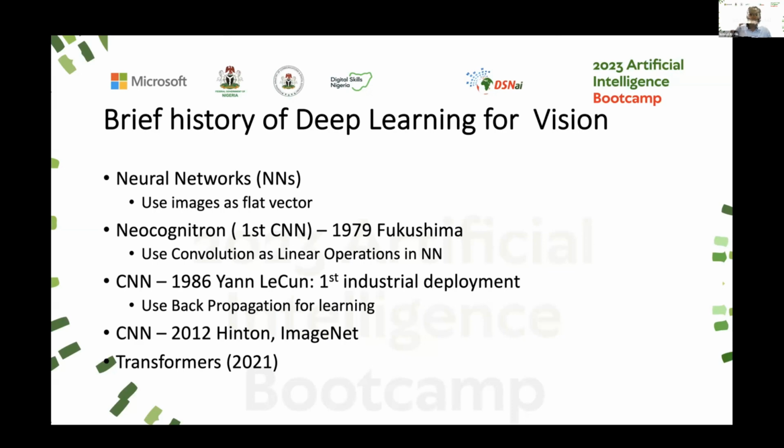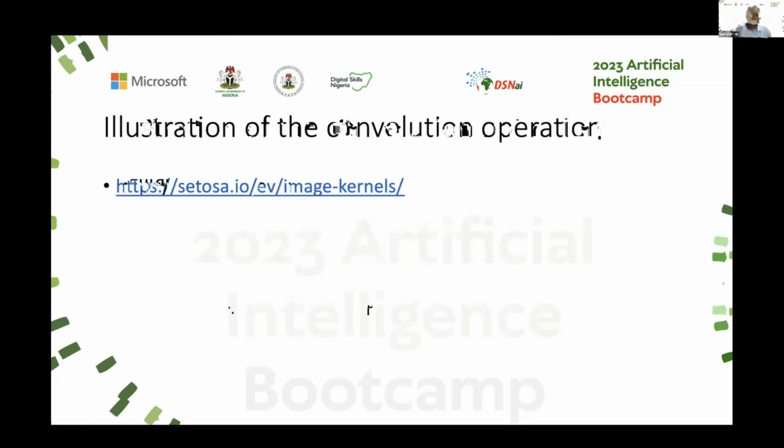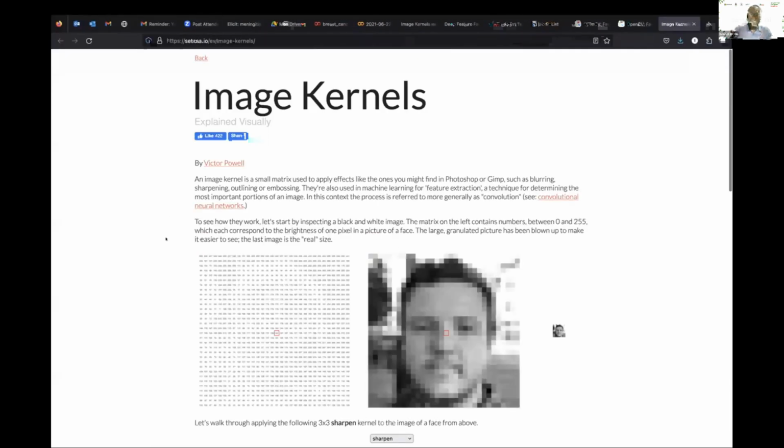After giving this overview of how computer vision and artificial neural networks got involved together, let me explain a little bit the operation of convolution, which is very important for images. There is this website, Image Kernels, where first we show the real image, which is very small here.